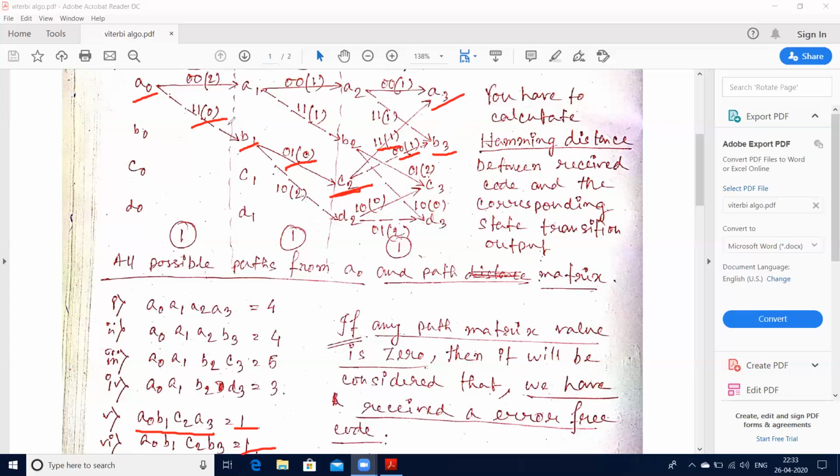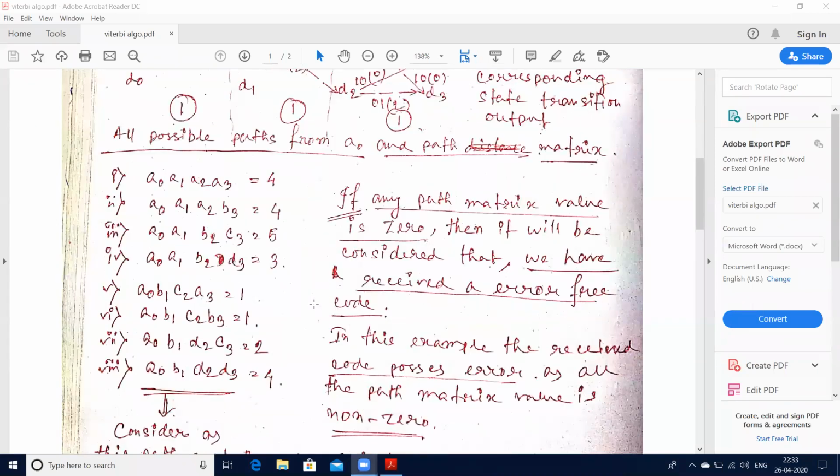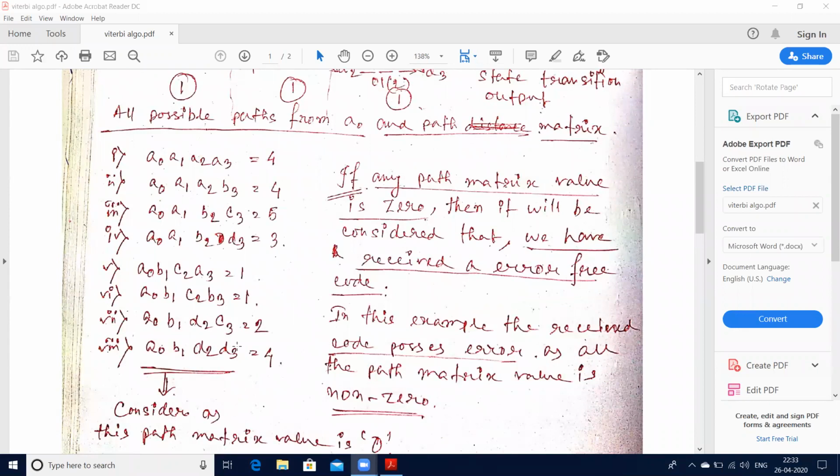In this way you have to draw all the possible paths and the corresponding path matrices by adding all the Hamming distances, which you have already computed. Like before, this is A0, B1, D2, C3.